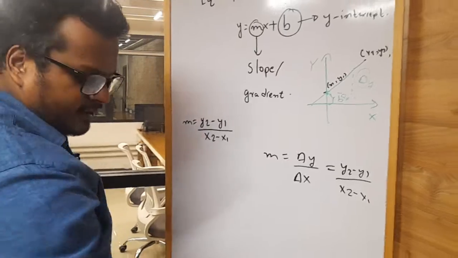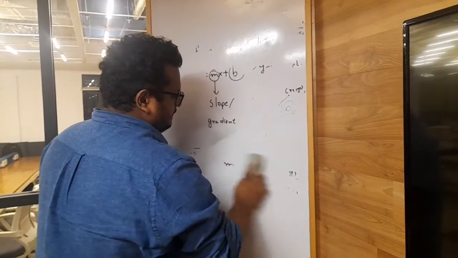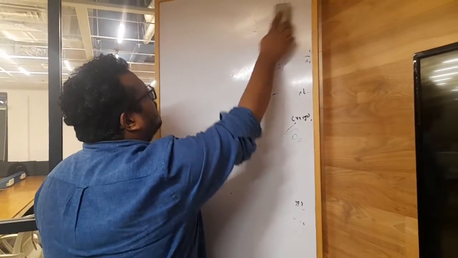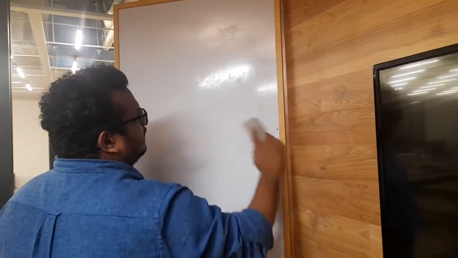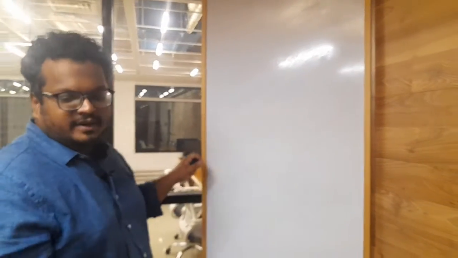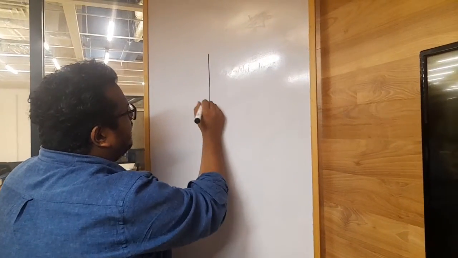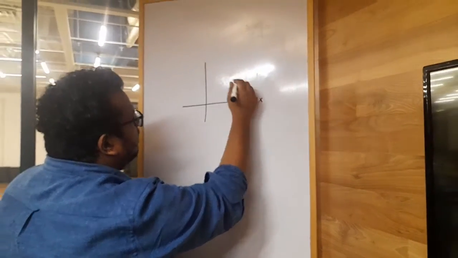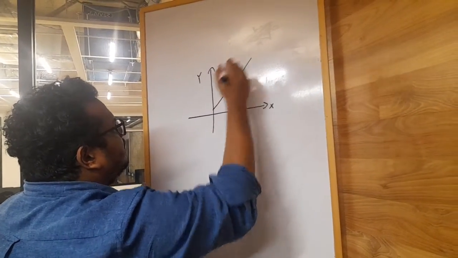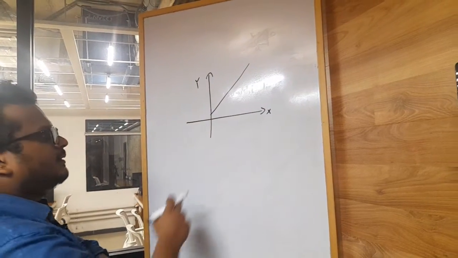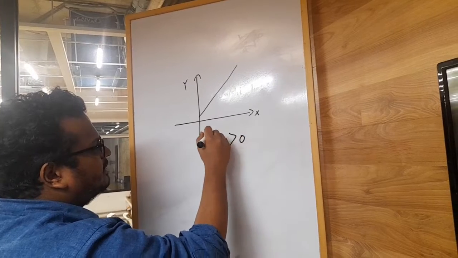So this is the number one concept. The second is that the slope of an increasing straight line is always positive. So if a straight line is increasing, m would always be greater than 0.